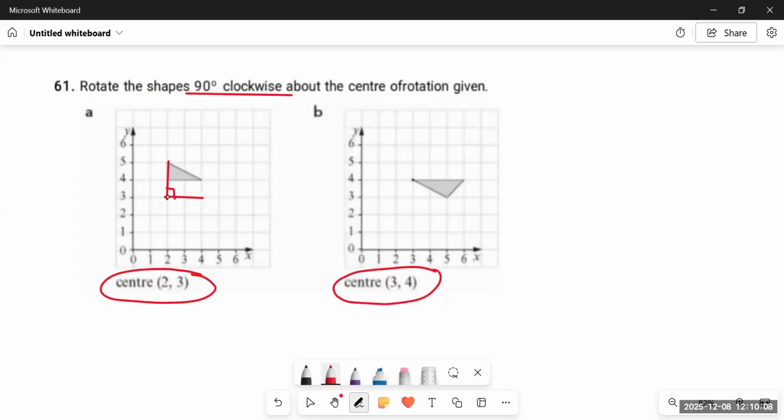This is the 90-degree rotation, right? And since it's clockwise, we will move it in this direction, right? And if it would have been 90-degree anti-clockwise, then the rotation would be here. This is a 90-degree rotation, but it is anti-clockwise.